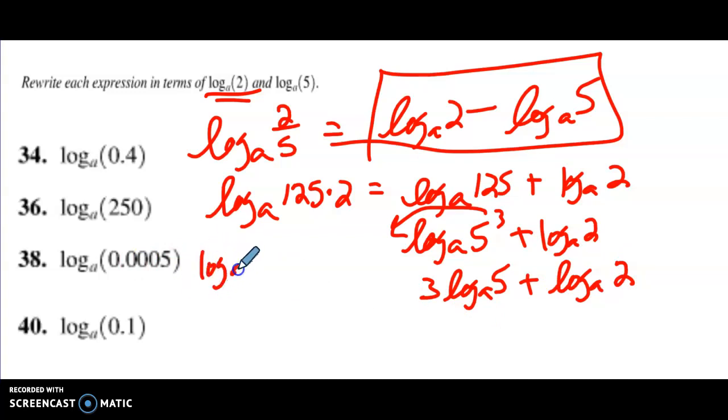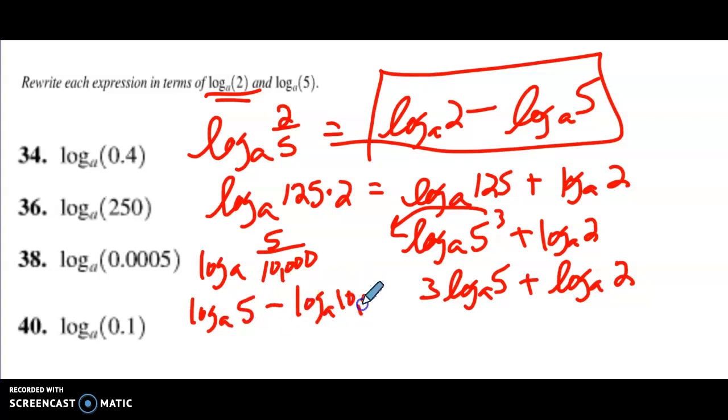This is the log base a of 5 over 10,000, right? 1, 2, 3, yeah, 4 decimal places. So that's log base a of 5 minus log base a of 10,000. Okay, so there's lots of ways to think of how to write this.